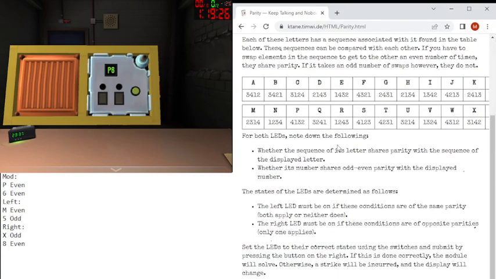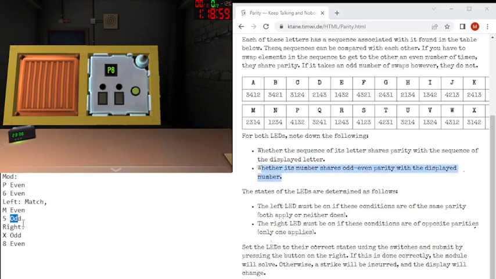Now, for both LEDs, we note down the following: whether the sequence of its letter shares parity with the sequence of the displayed letter. So we just compare this letter's parity, even, to the original letter's parity, the letter off the module, which is P. So the first one is a match. And then we compare whether its number shares odd, even parity with the displayed number.